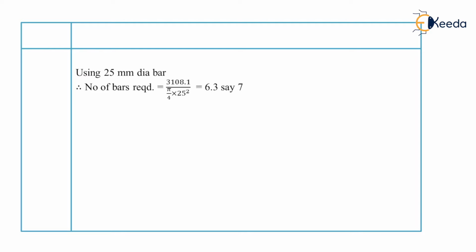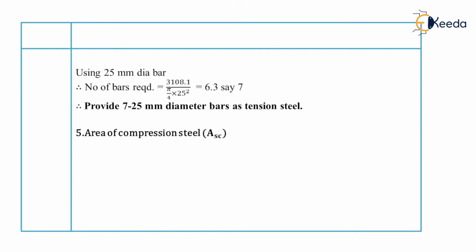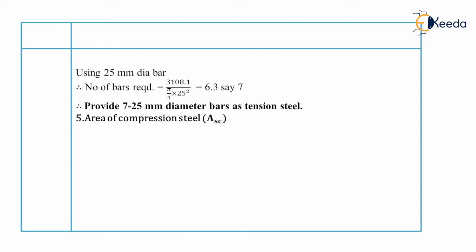So here we require 6.3 number of bars, therefore we will provide 7 bars of 25 mm as tension steel. Now our next and final step is to find out the area of compression steel, that is Asc, and Asc is given by Mu2 upon fsc into d minus d dash.